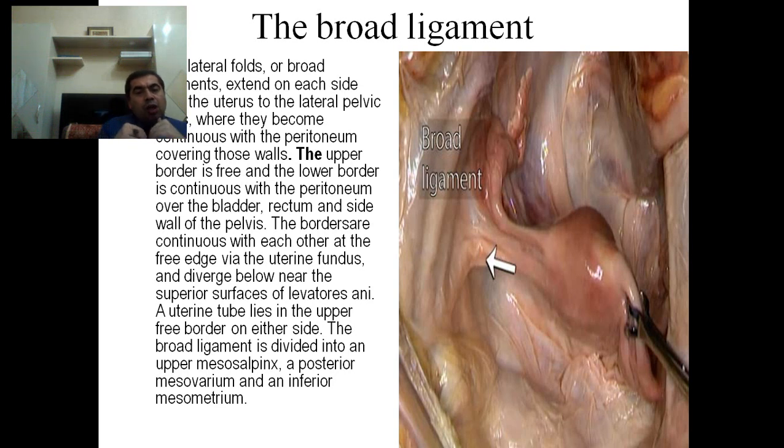If the fundus does not develop, it leads to the formation of an anomalous shape of the uterus, a bicornate, two-horned uterus, because there is no fundus. And the uterine tubes lie in the upper free border on either side. The broad ligament is divided into an upper mesosalpinx, a posterior mesovarium, and an inferior mesometrium.